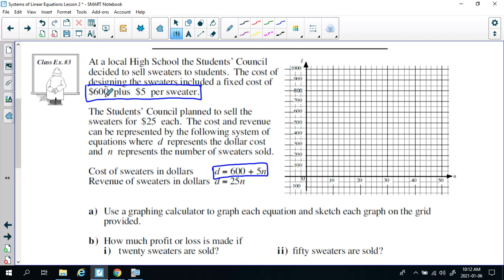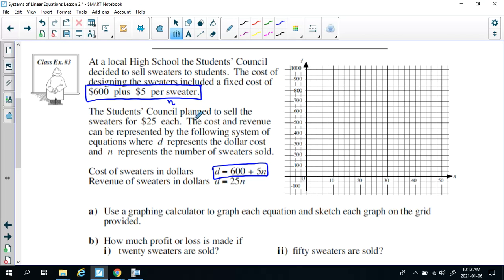It'd be $600 plus $5 per sweater. And per sweater, we're using the variable N to represent the number of sweaters. So the dollar cost of producing the sweaters would be 600 plus 5 times the number of sweaters we actually sell. Okay, so that's the first equation.